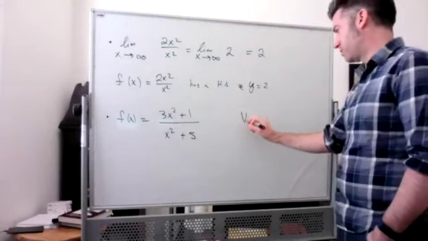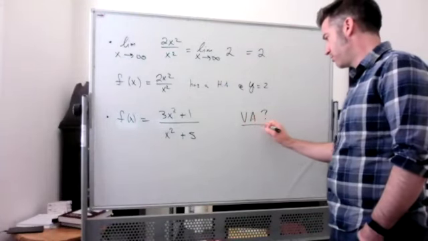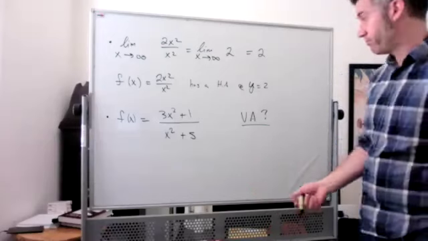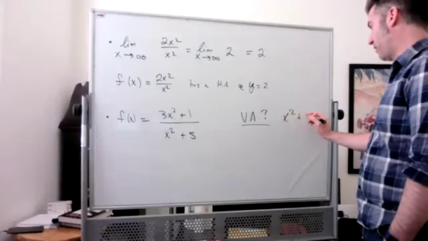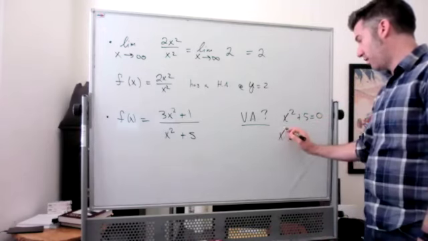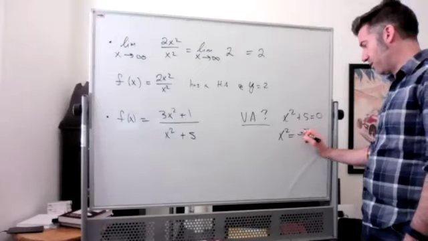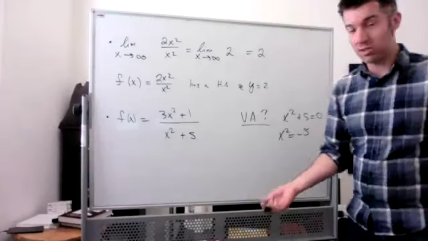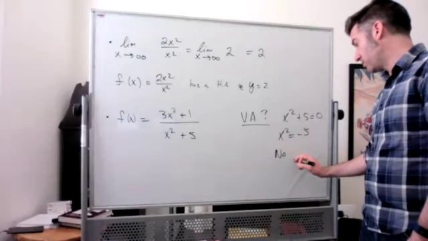Are there any vertical asymptotes? Does the denominator ever equal 0? Let's take a look. x squared plus 5 equals 0. I think the answer is no. Because if we try and solve this, we get x squared equal to a negative number. And we can't take the square root of a negative number and get a real result. So no vertical asymptotes.